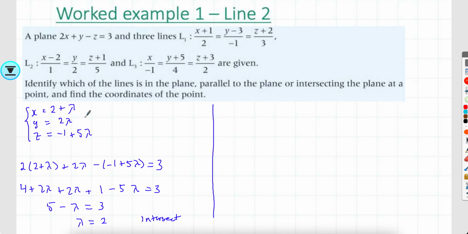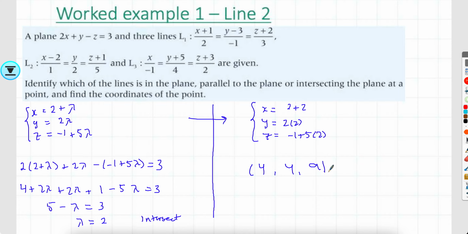Going back to parametric form, we just need to substitute in lambda. x is equal to 2 plus 2, y is equal to 2 times 2, and z is equal to -1 plus 5 times 2, which then gives you the point (4, 4, 9) as the point of intersection.